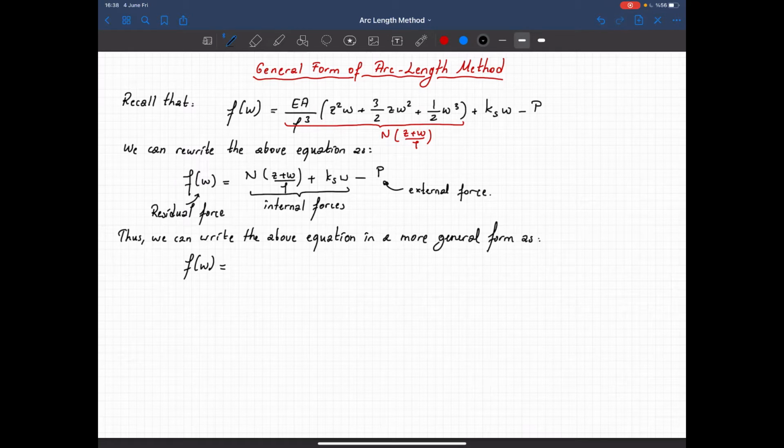F(W) is equal to internal forces minus the external force. Okay, and let's call this one equation star. In the Newton-Raphson based methods, this is the equation that we try to minimize, that we say should be equal to 0. But the problem with this method is that this is a fixed external force.